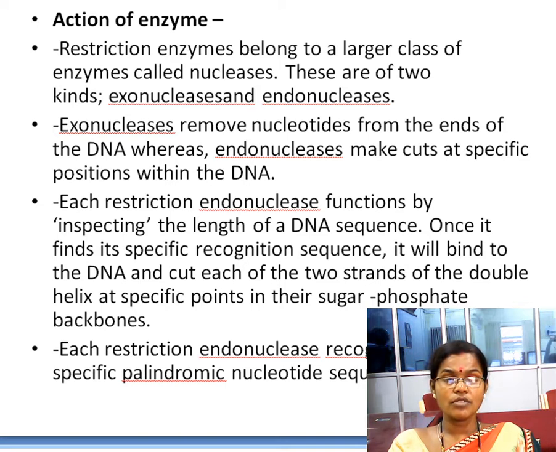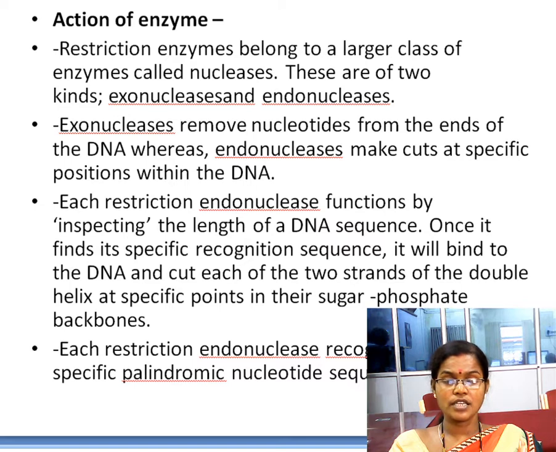Exonucleases remove nucleotides from the DNA, whereas endonucleases make cuts at specific positions within the DNA. Here you can see the exonuclease removes the nucleotide from the DNA sequence. The endonuclease cuts the DNA at the specific site where the two sugar phosphate bonds are bound.